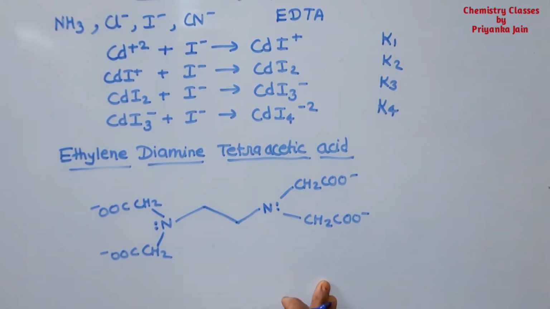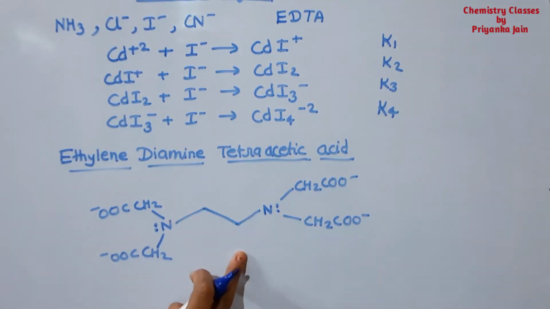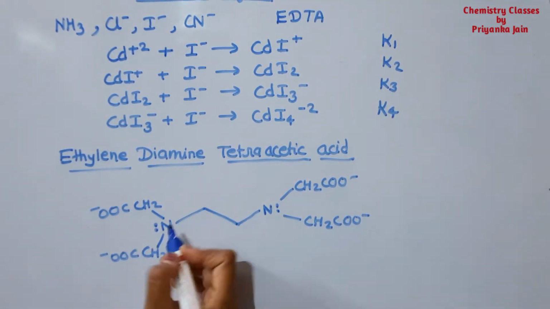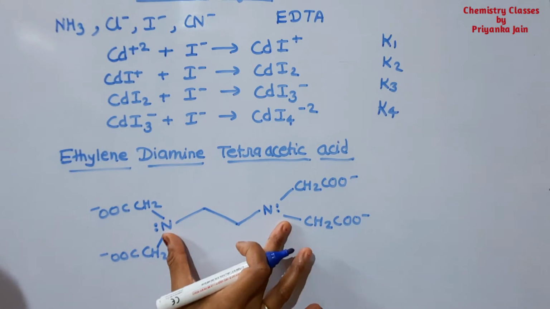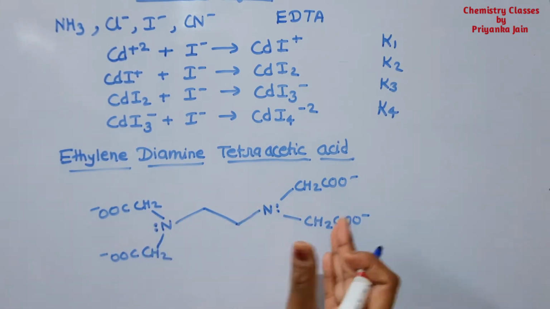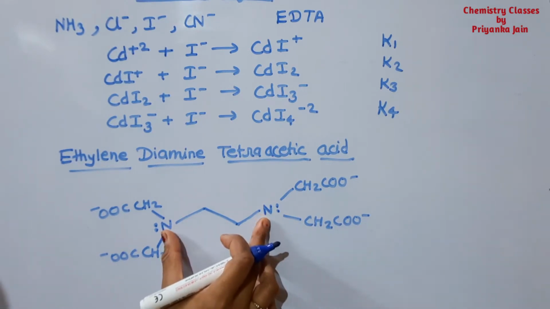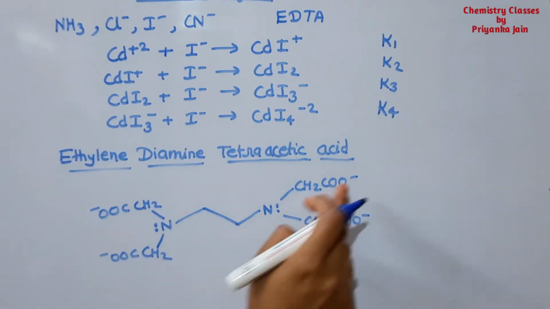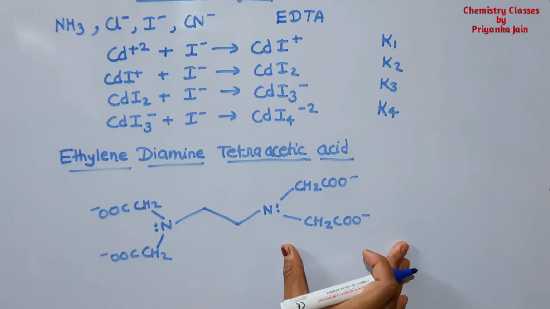This is the structure of EDTA. Now you can see there are 6 binding sites. The two nitrogen atoms have lone pairs of electrons, so they can donate these lone pairs to the metal and bind with it. And these are the 4 acetate groups that can also bind to the metal.